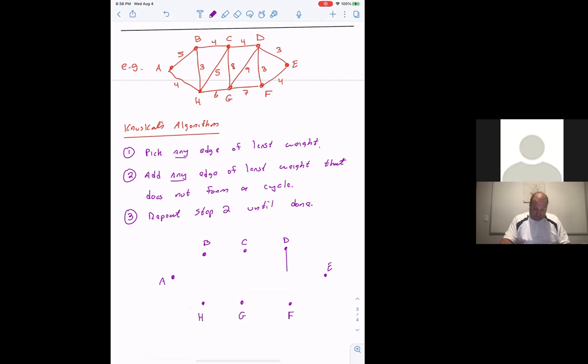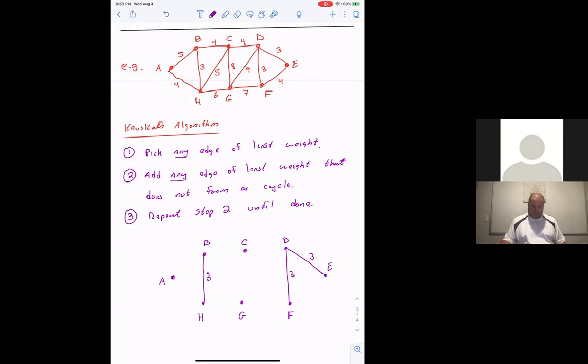Let's pick DF. Step 2, add any edge of least weight that does not form a cycle. Well, we got 2 to choose from. Let's do DE. No cycle yet. Repeat step 2. Add an edge of least weight that does not form a cycle. Well, BH doesn't form a cycle.